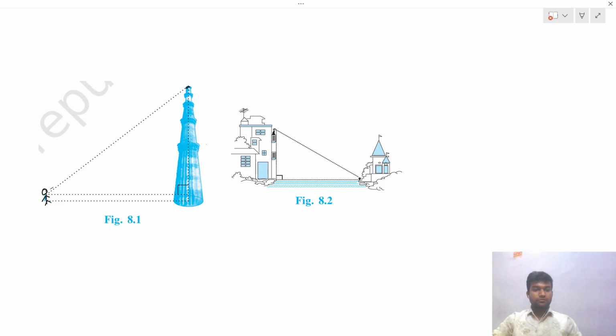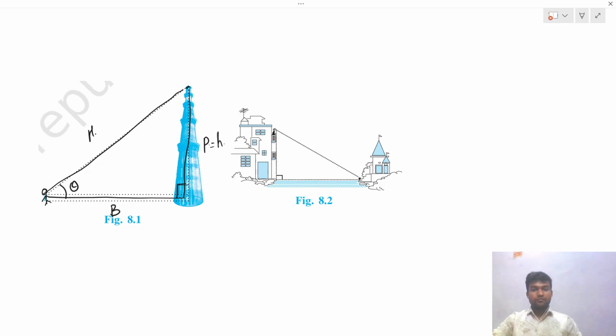Okay, so this is the right angle triangle, and this side is the hypotenuse, and this angle, let's say theta, he is watching from some angle. This is called hypotenuse, this is called base, and this is the perpendicular side, which we can take as height.